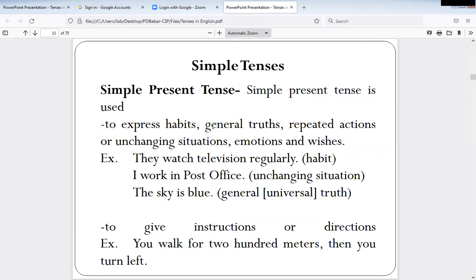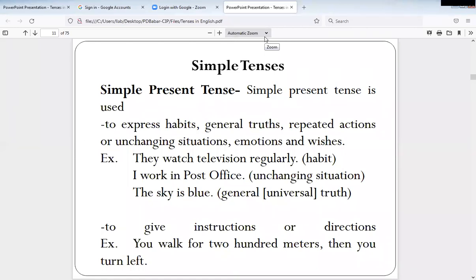What is the simple present tense? Simple present tense is the tense which we use in present time, to express habits, to show habitual things, to tell about general truths or universal truths.